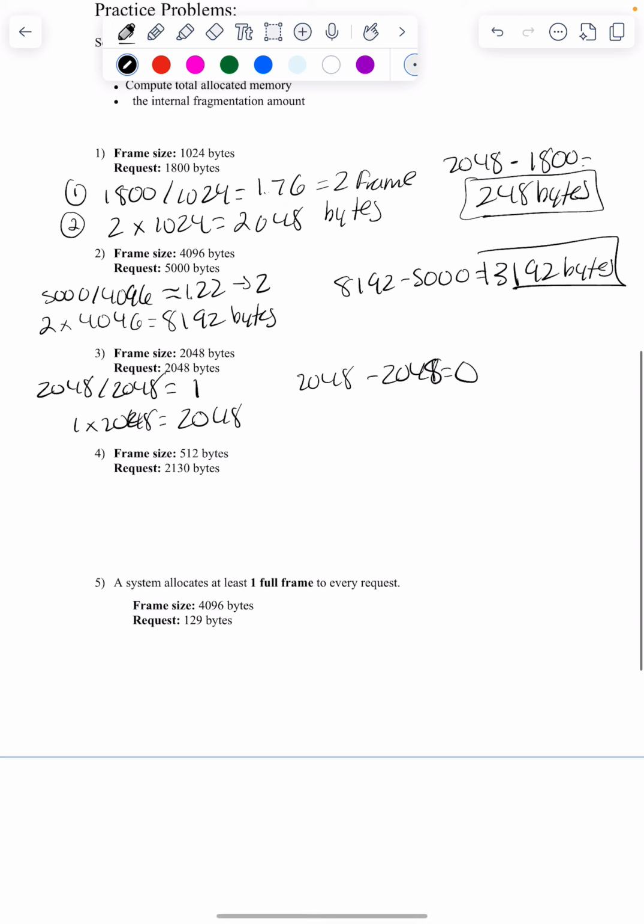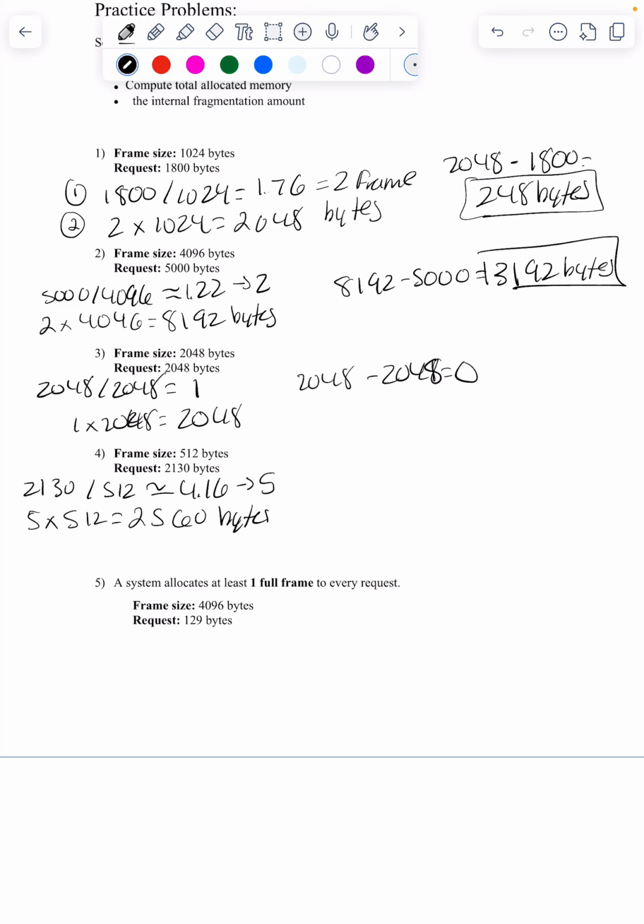Again, we'll take our requested, divide that by our frame size. That is going to give us about 4.16. So we're going to look at 5 frames for this. Again, let's see how much we need for allocation. 5 frames multiplied by the frame size is about 2560 bytes.